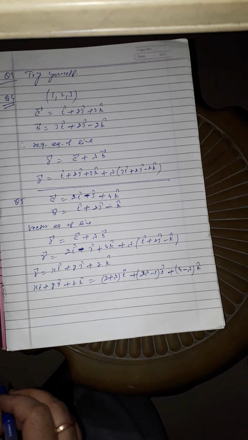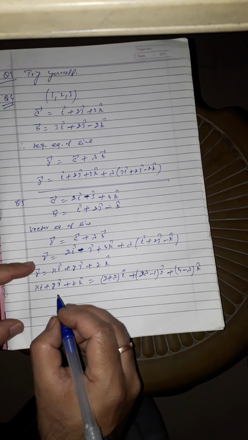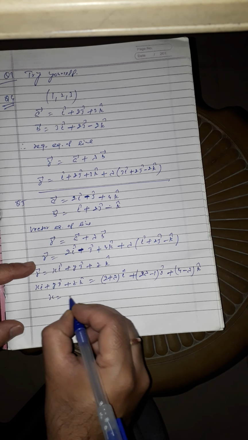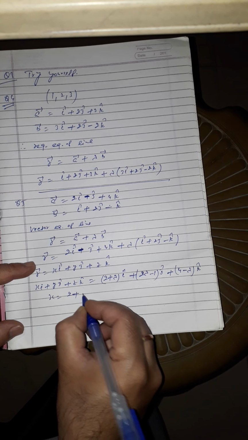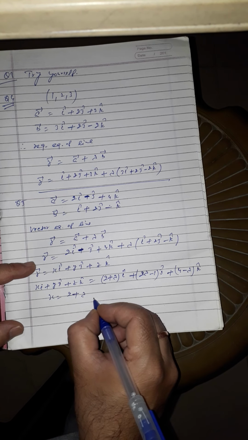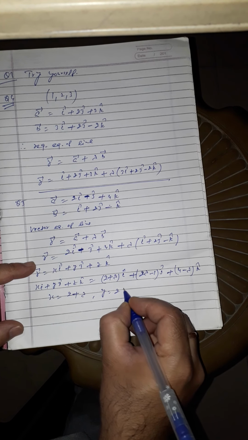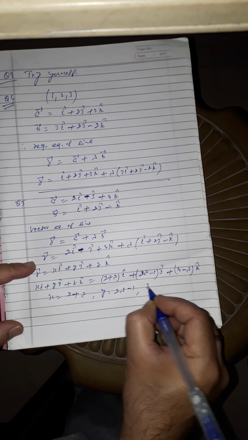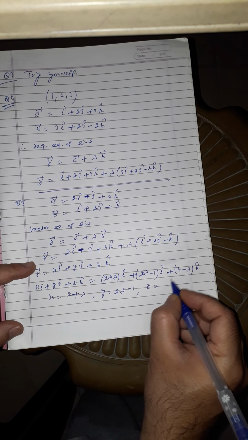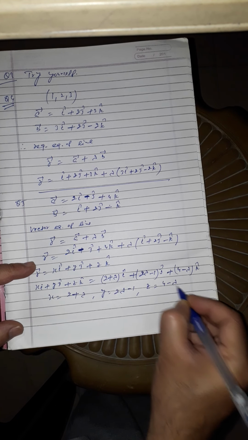Right students, from here what you can say on equating is that x is equal to 2 plus lambda, y is equal to 2 lambda minus 1, and z is equal to 4 minus lambda.